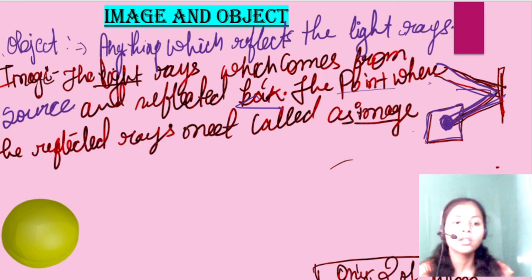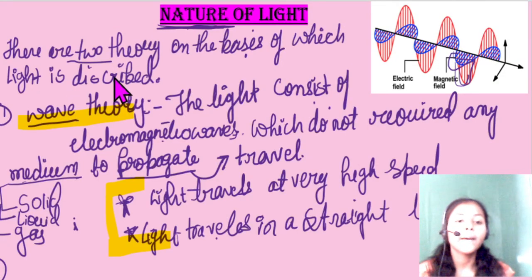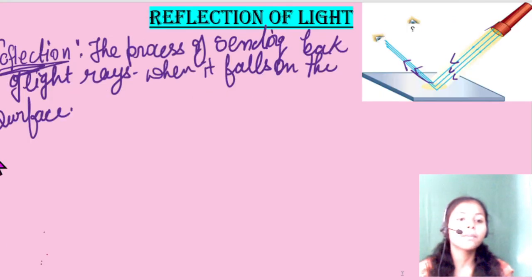Next we read about the nature of light. In that we read about the two theories on the basis of which we described the nature of light. The first one is wave theory, and the second one is particle theory.